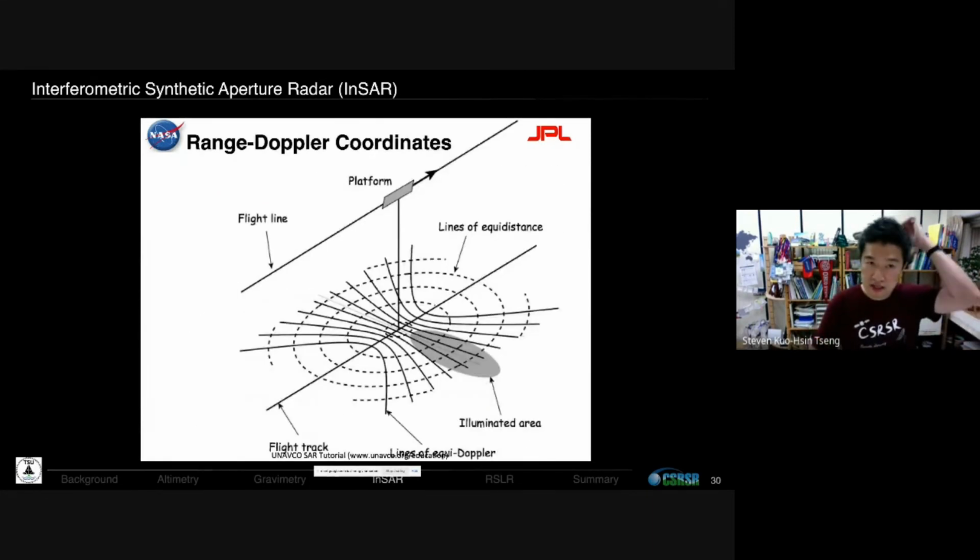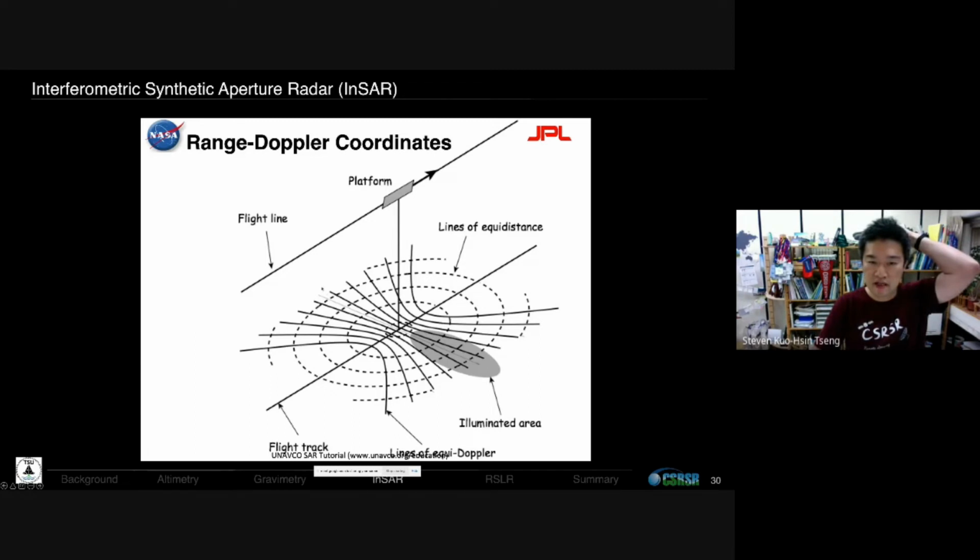So this is, as I said, we can basically separate the footprint into different grids. So each small polygon embraced by this dashed line and this solid line is the resolution of each measurement.